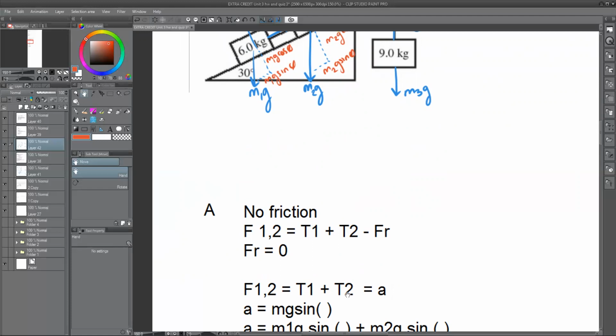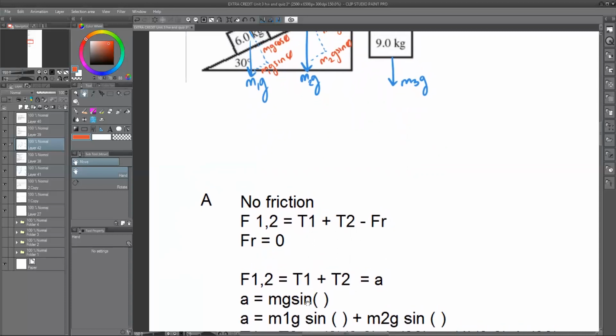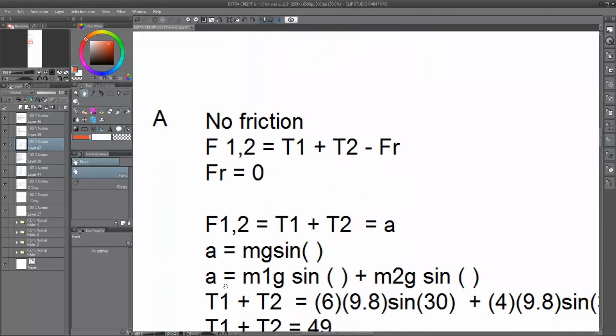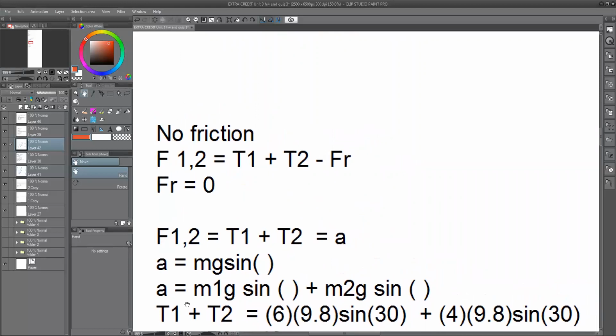And that is equal to the acceleration of the total system. We know that normally on a block that is on a ramp it is mg sine of theta, because it would be the x component. However, because there are two objects, it would be m1 g sine of theta plus m2 g sine of theta. So T1 plus T2 is equal to this exact thing.